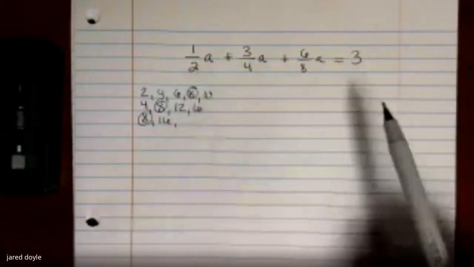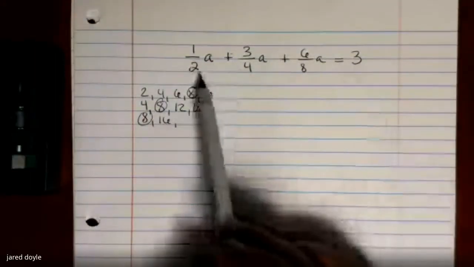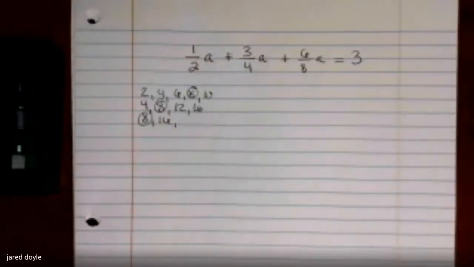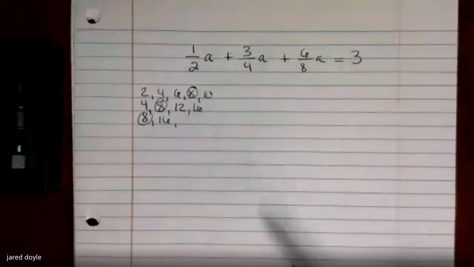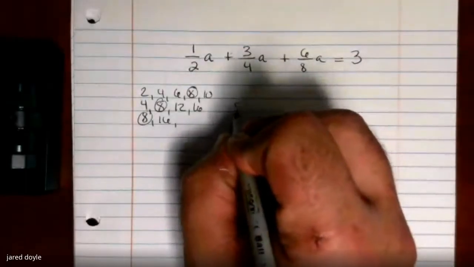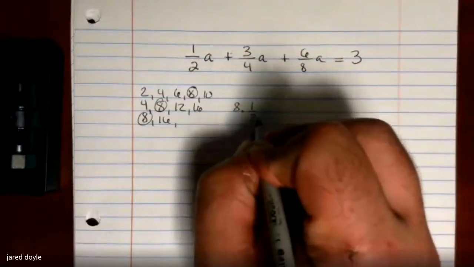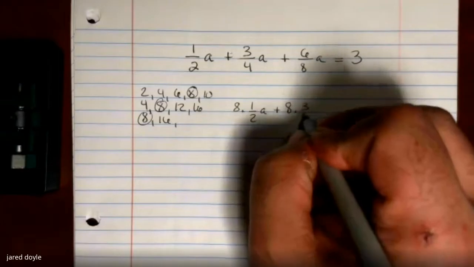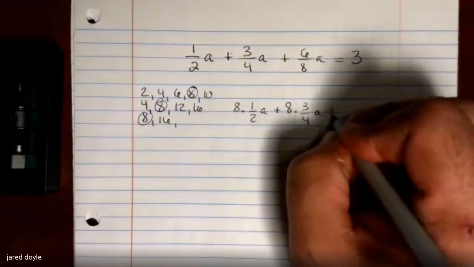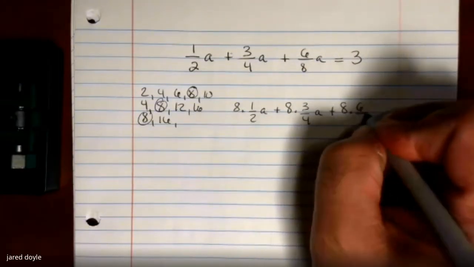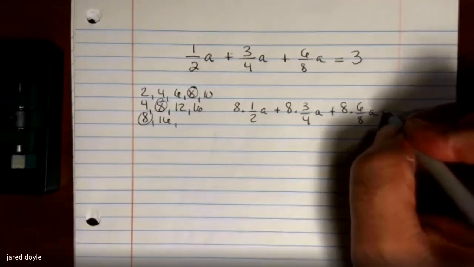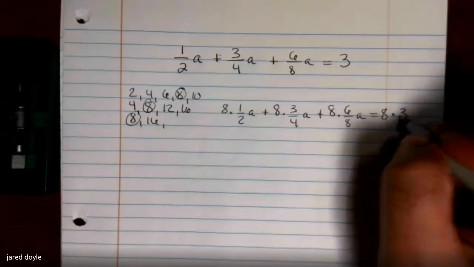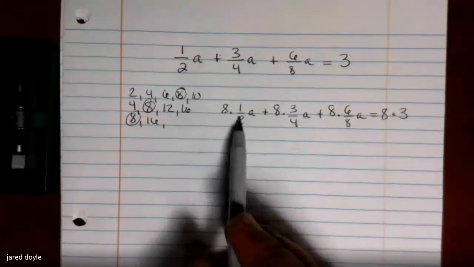If we multiply every single term by 8, it will be equivalent, because we've kept it balanced by multiplying everything by the same number, right? Multiplication property of equality. But it will also eliminate all these fractions. So let's see that in action. So 8 times 1/2 a plus 8 times 3/4 a plus 8 times 6/8 a equals 8 times 3.